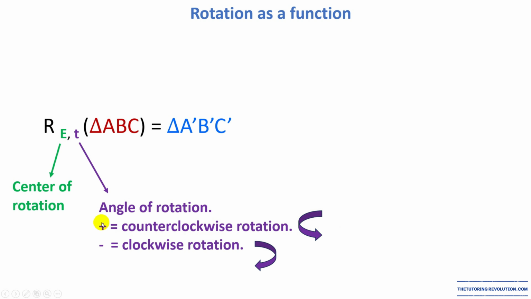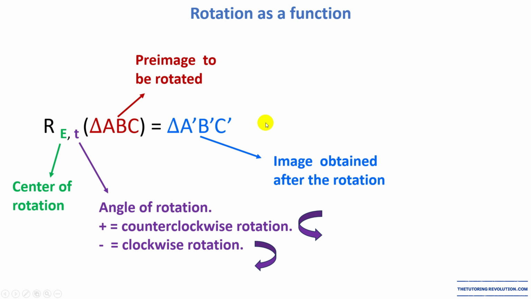When this angle is negative, we're moving clockwise. Triangle ABC represents the pre-image that is going to be rotated, and triangle A prime, B prime, C prime represents the image obtained after the rotation.